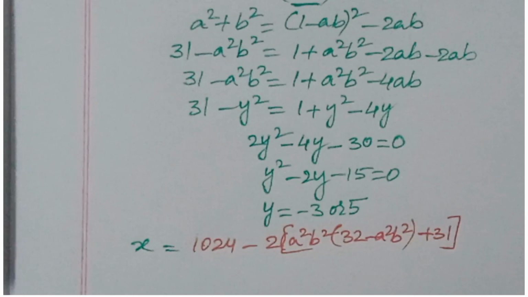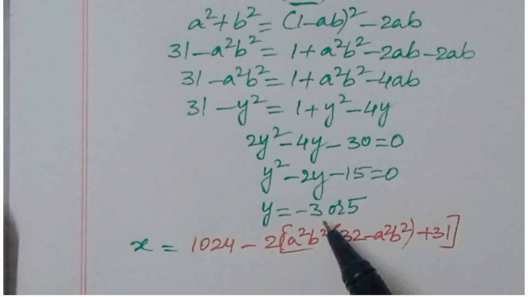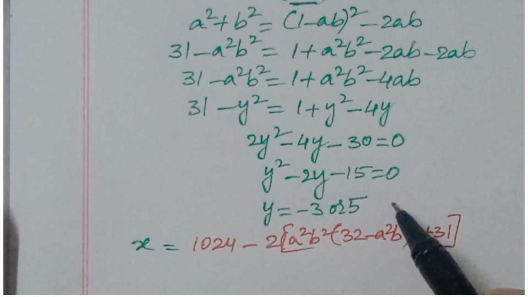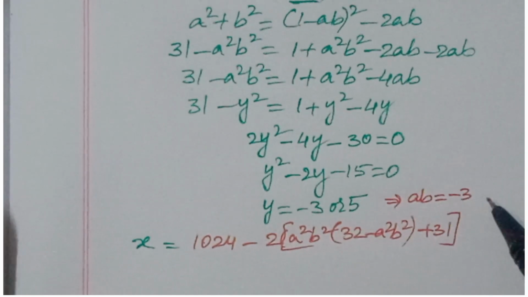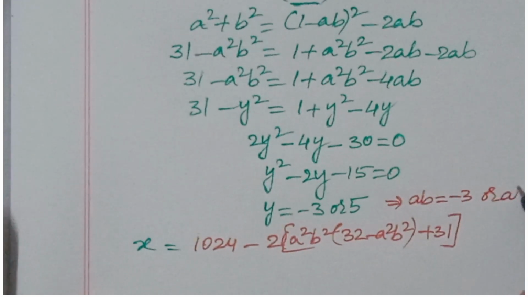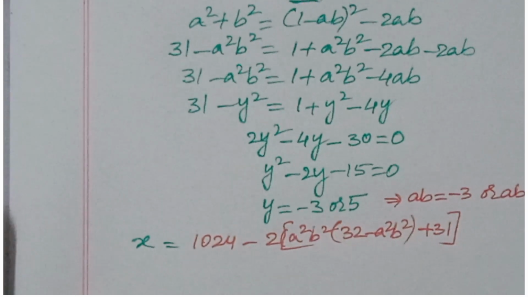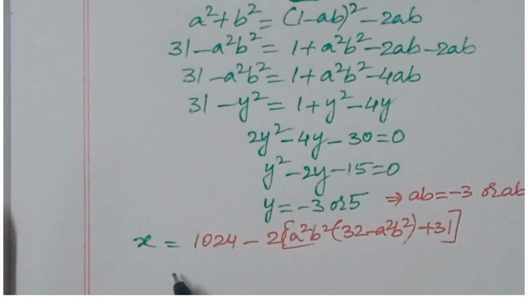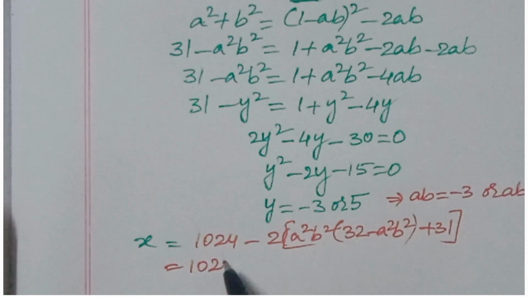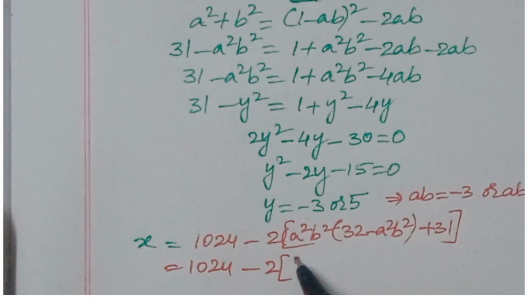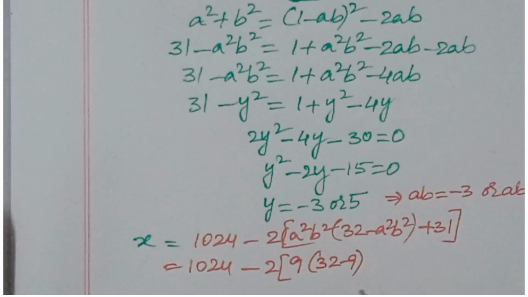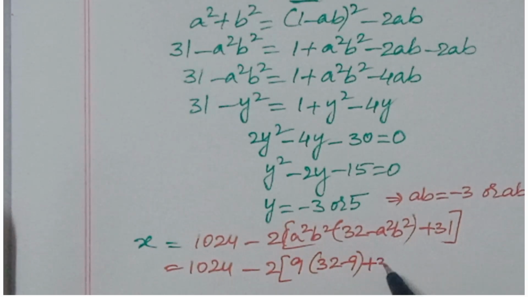Okay, you are substituting that value here. So this is nothing but ab value minus 3 or ab value 5. So here what will we get: 1024 minus 2 into a square b square means 9, 32 minus 9 plus 31.